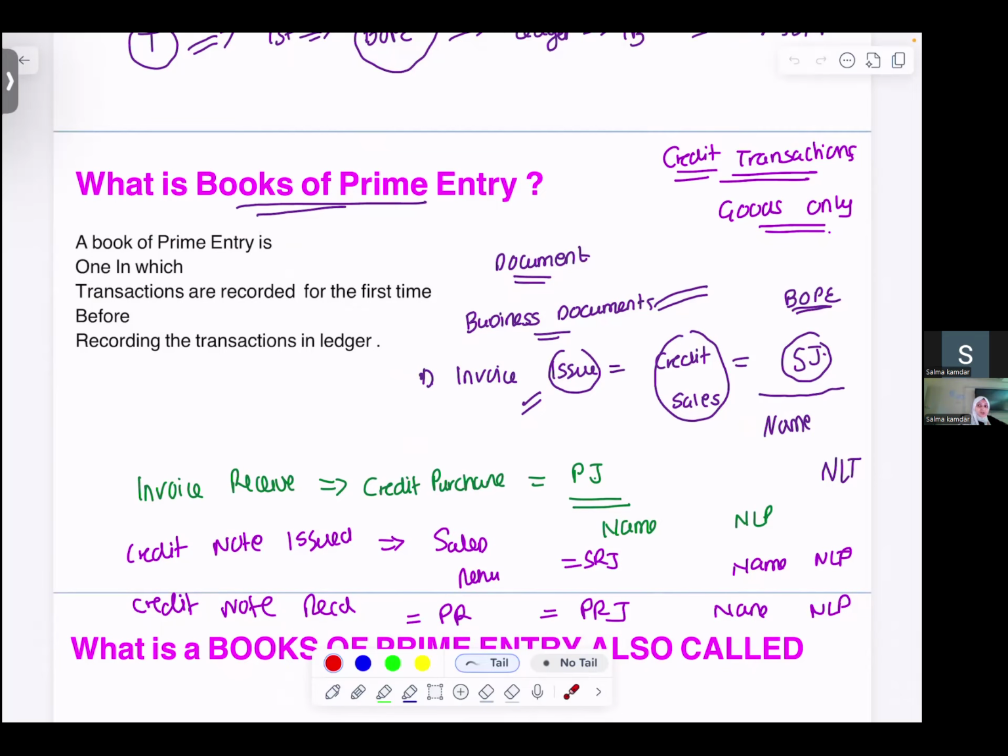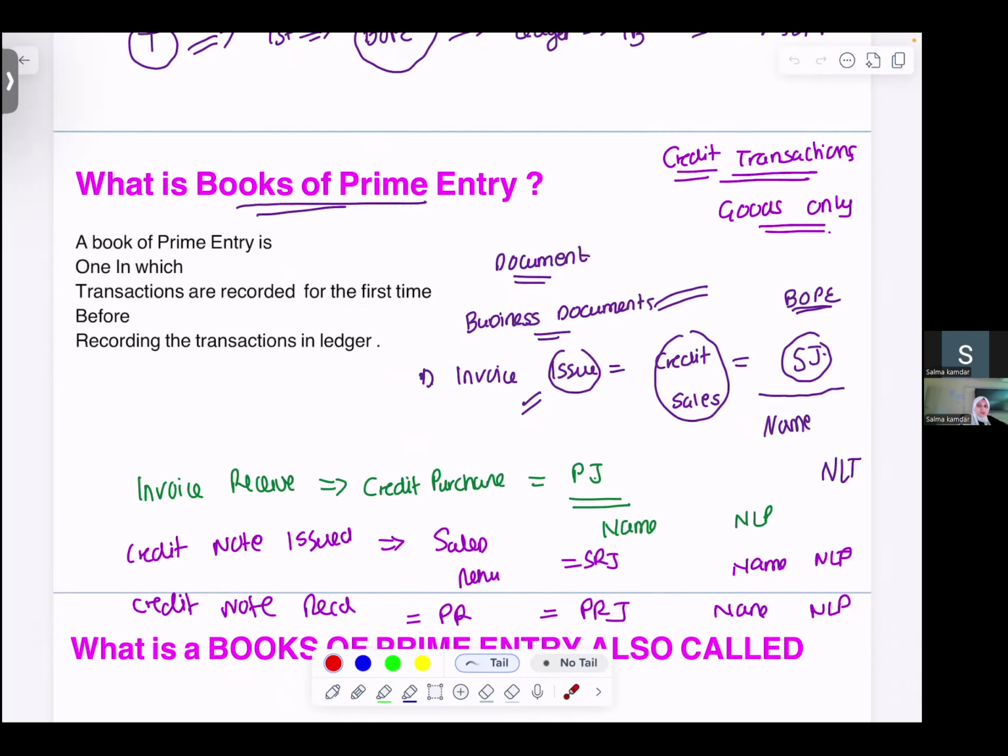Now, you should know that if you have issued an invoice, that means you are going to record the transaction of credit sales and you are going to record this in the sales journal. Whenever I'm talking about a journal, there is a rule that you record credit transactions only.